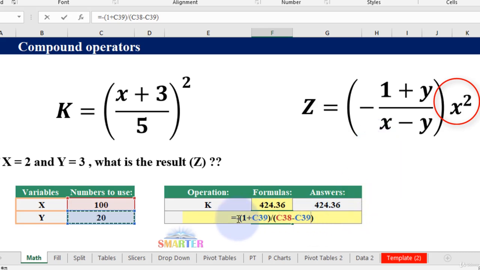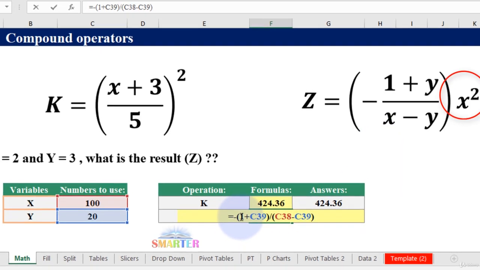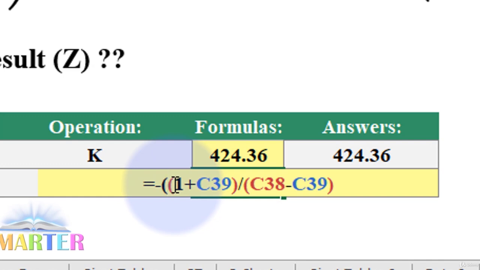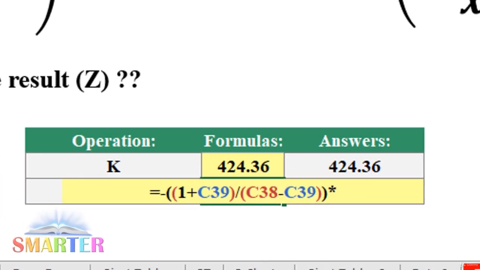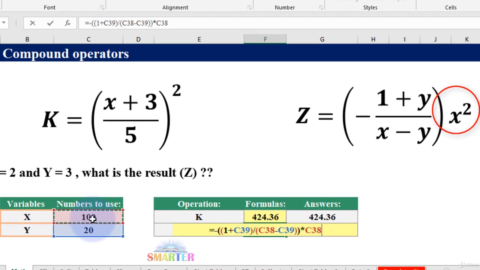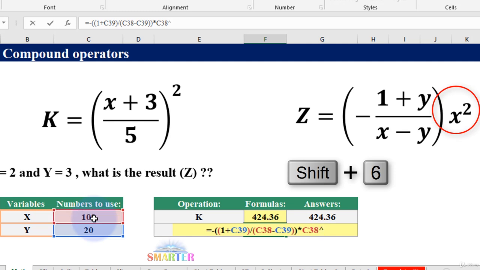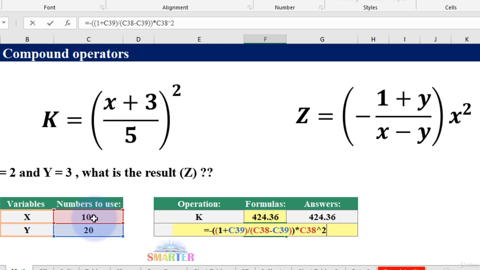So you must open outer parentheses here and multiply this term by x squared, and this is the reference for x squared, and shift 6 and write 2. So our formula is now complete, and once you press enter, the final result will appear.